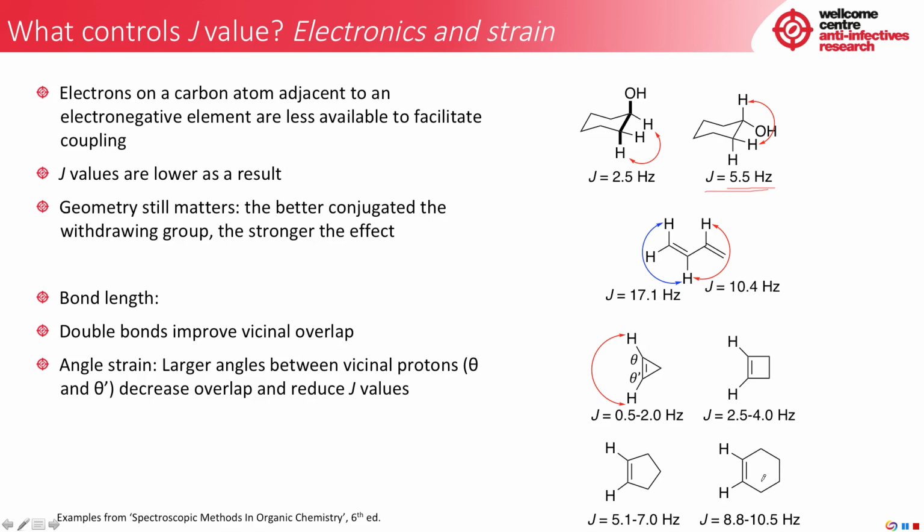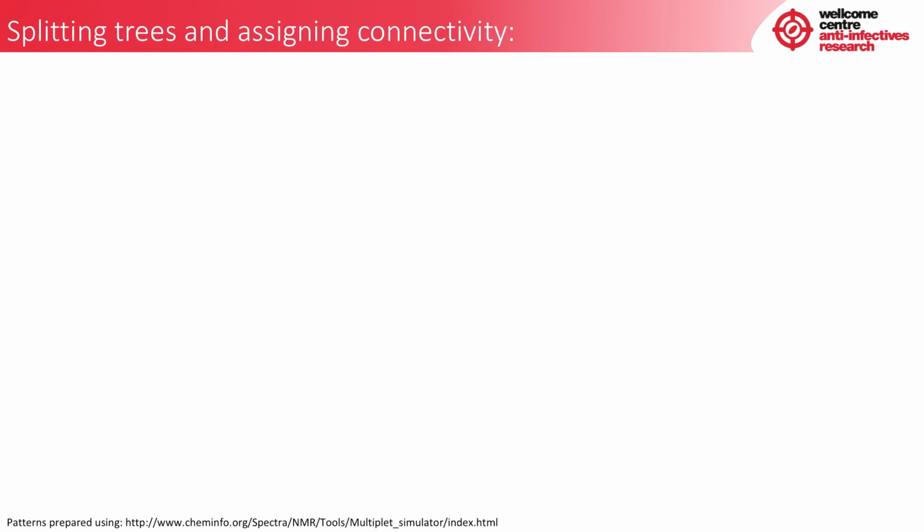Now that we have looked at both intensities and J values with regard to the information they give us and how they inform us about the connectivity of our molecule, I'd like to introduce a formalism which is generally very useful, and this is the splitting tree.